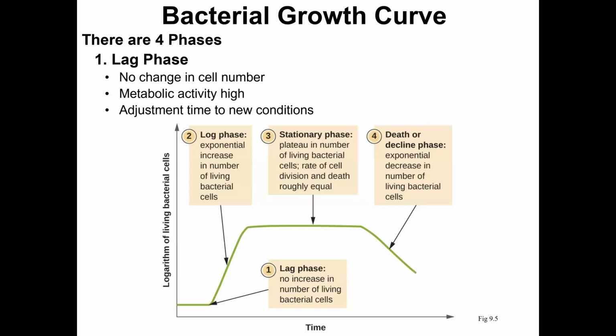Yes, technically that's very correct, but let's just do it like this: the number of cells, i.e., how cloudy is your flask, versus time. So again, how cloudy is your flask? How long have you been staring at it?